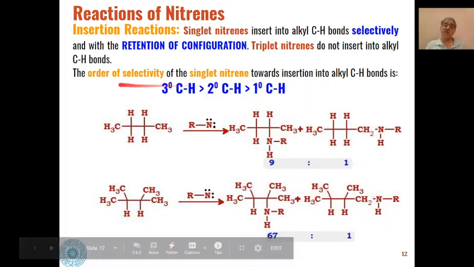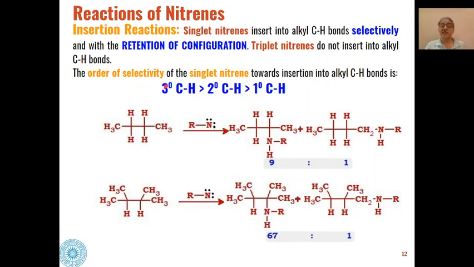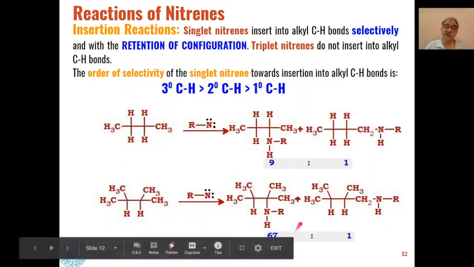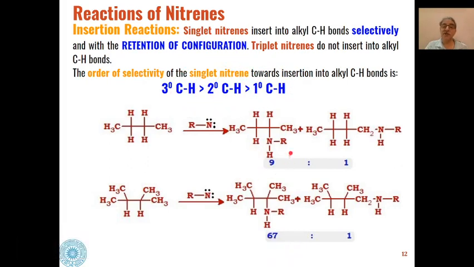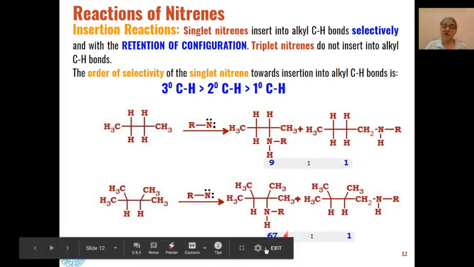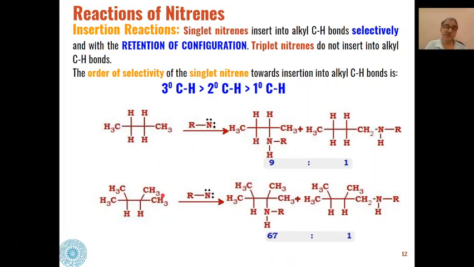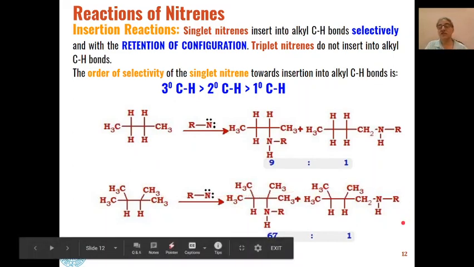So this is how we can explain the selectivity, that tertiary is much more than secondary, than primary. Here secondary to primary was 9 to 1, and here tertiary to primary is 67 to 1. These two examples very well explain the selectivity of insertion reactions in the case of nitrenes.